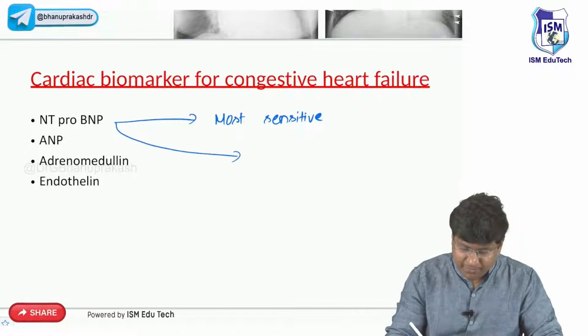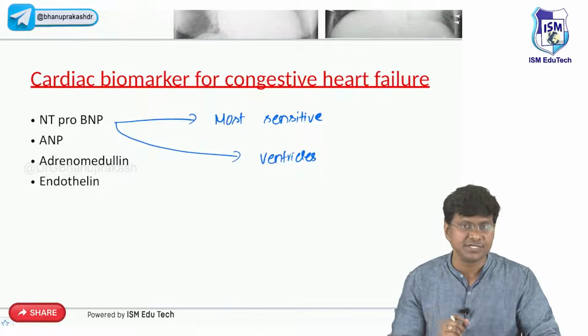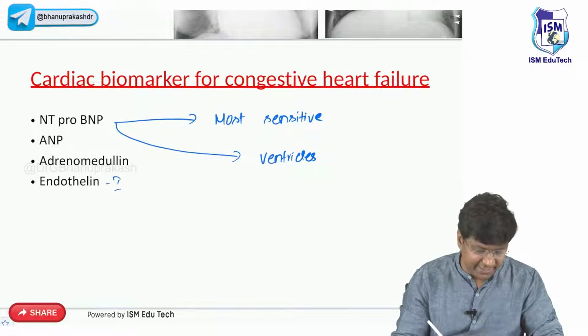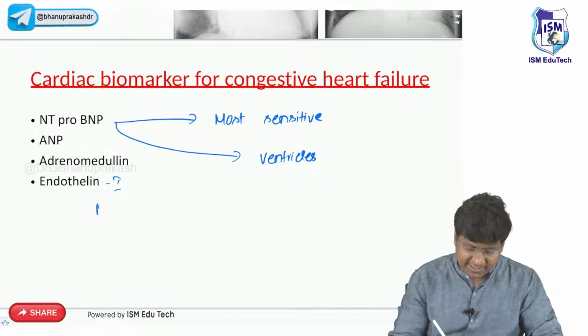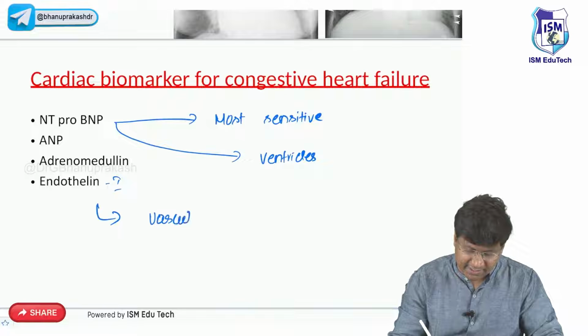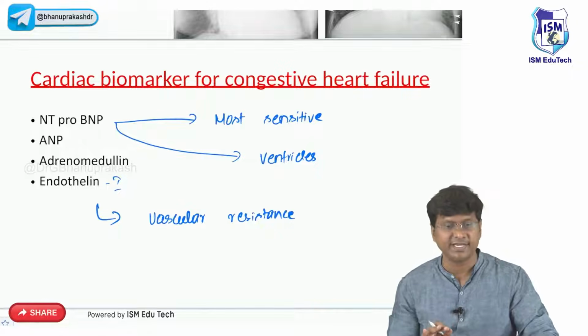This NT-proBNP is released from the ventricles of the heart, and atrial natriuretic peptide is released from the atria. Then adrenomedullin is another cardiac biomarker, and then we have endothelin 1. Endothelin 1 tells you about the vascular resistance, and that is elevated in patients with congestive heart failure. Okay, but the most sensitive cardiac biomarker is the NT-proBNP.